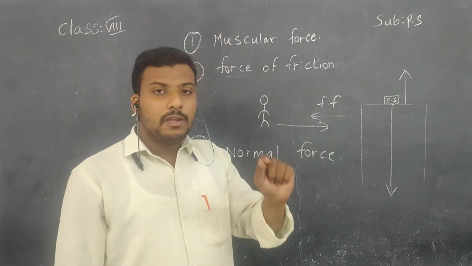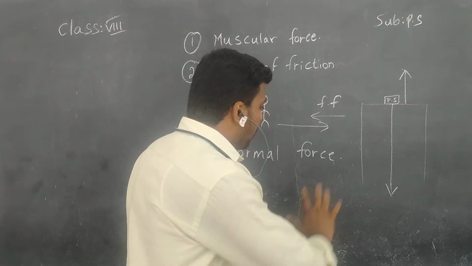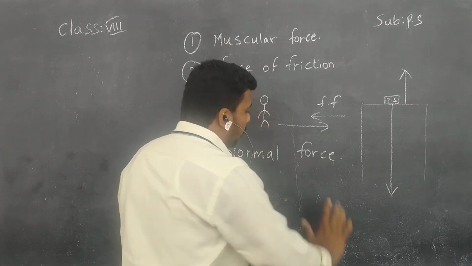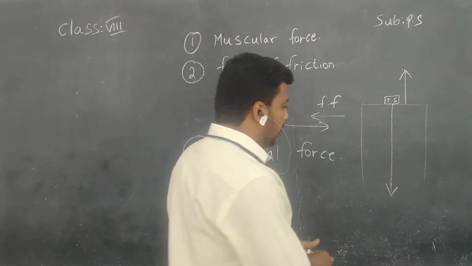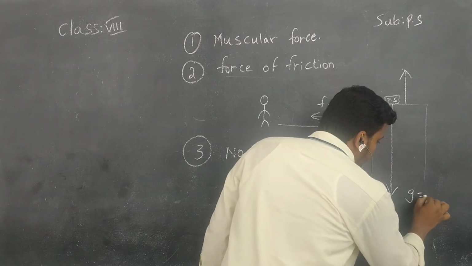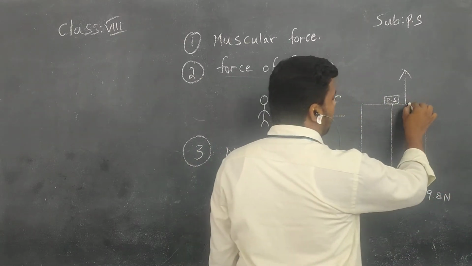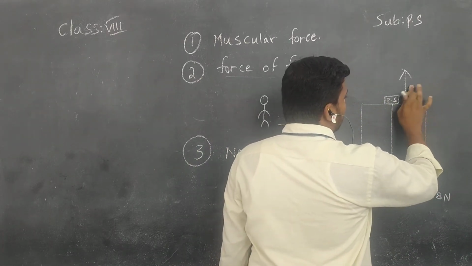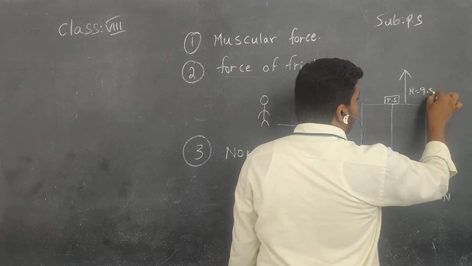Magnitude means you know that force is always measured in newtons. So here gravity applies 9.8 newtons, and in the same way the table is also applying normal force, N equal to 9.8 newtons.